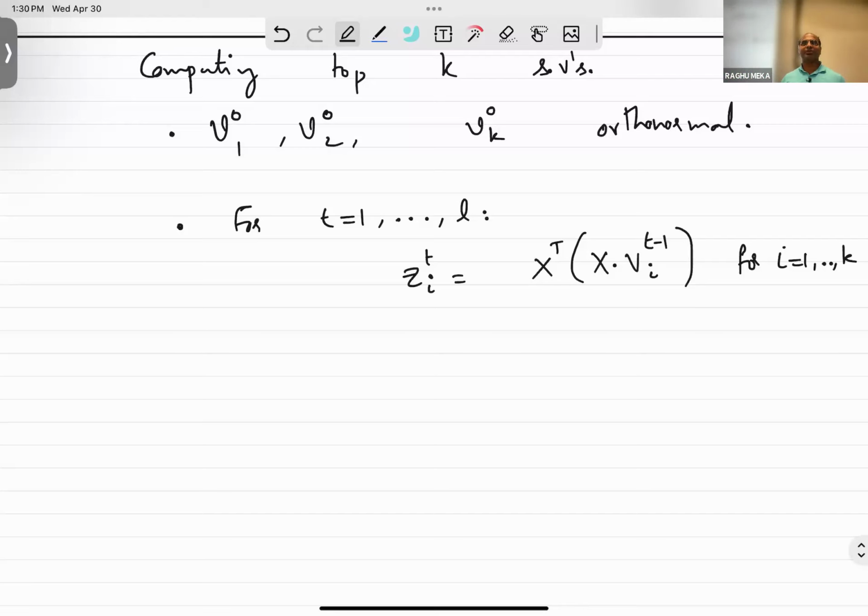And then what do you do? Remember, we want orthogonalization everywhere, right? So the first K should be orthogonal, otherwise I might get the same vector repeated, okay? So what do you do then? Basically, you run Gram-Schmidt orthonormalization on these vectors, okay? So you get V1t through VtK is orthonormal.